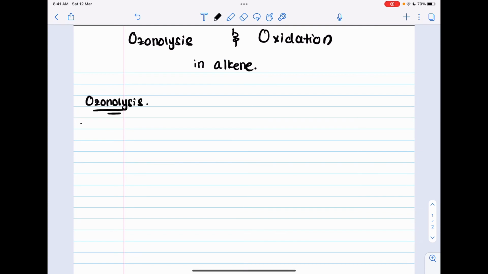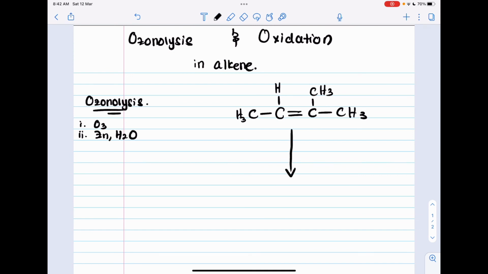For ozonolysis, the reagent needed is written like this: O3, and number 2, we add zinc with water. So what will happen? For example, we have this structure, CH3 double bond CH3, which undergoes ozonolysis, which we write like this.